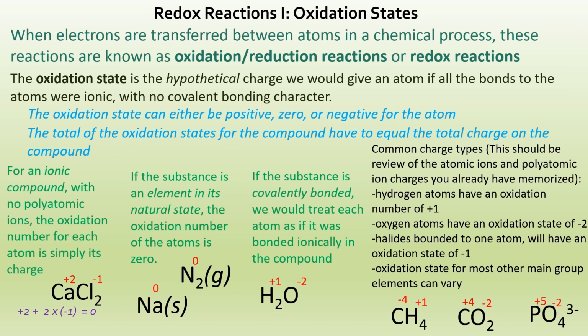Since the overall charge must be -3 and the oxygen atoms have a total of -8 charge, the phosphorus must have an oxidation state of +5, making the sum of the phosphorus oxidation state and the 4 oxygen atoms equal to the overall charge on the phosphate ion, -3.